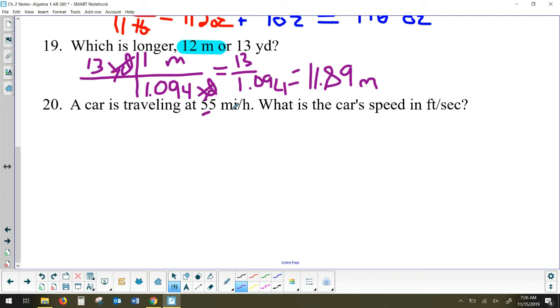We have a car going at 55 miles per hour. We want to know what it's like in feet per second. So 55 miles per 1 hour. We have to change both of these. We want miles to go to feet.